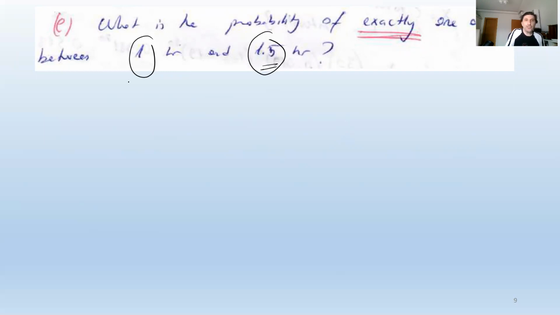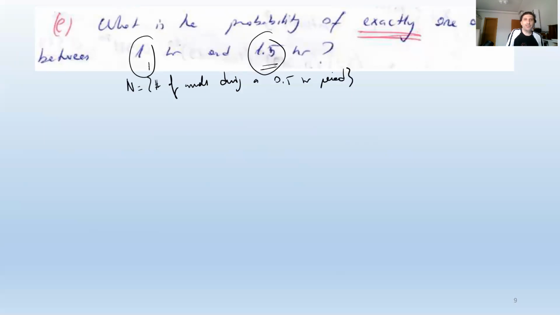When it says exactly, we cannot refer to the exponential distribution. It's going to be the Poisson distribution. Again, n is the number of arrivals during the 0.5 hour period we are talking about.